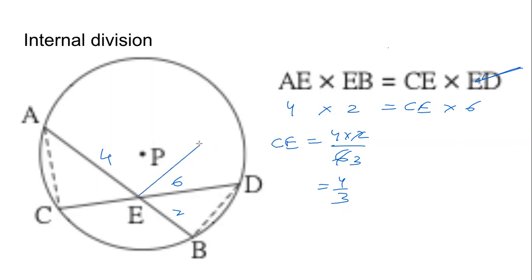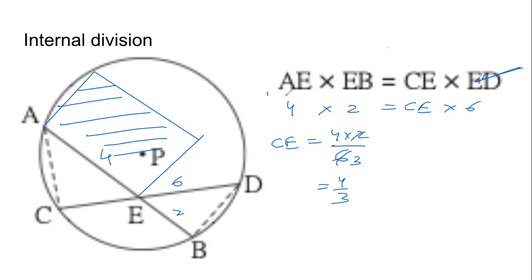Suppose this EB is like this. There is another line segment of the same distance, and we join this. So AE into EB, when we multiply, we know the area of the rectangle is length into breadth.